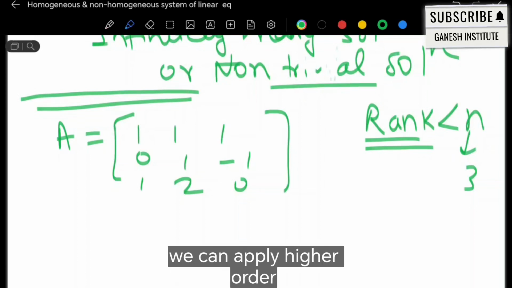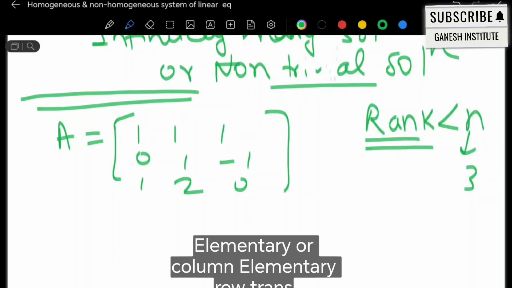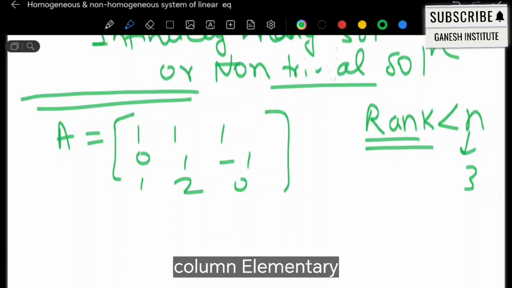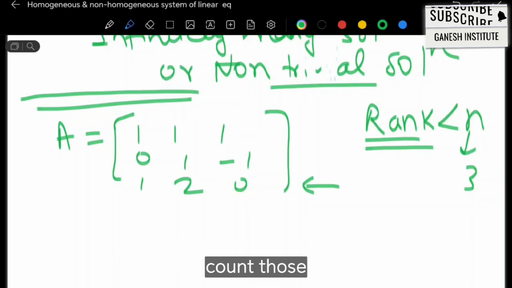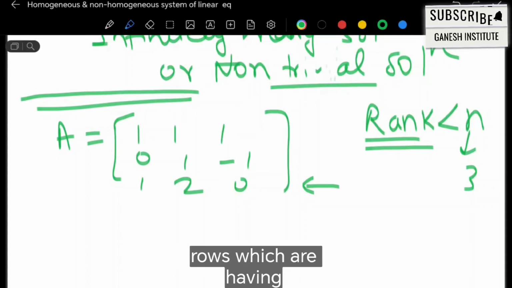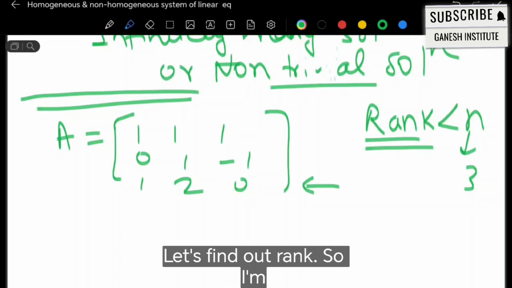Either we can apply higher order minors formula, or we can apply row or column elementary transformations to make zero rows. So if we have to find out the rank, we will count those rows which are having non-zero elements. Correct?